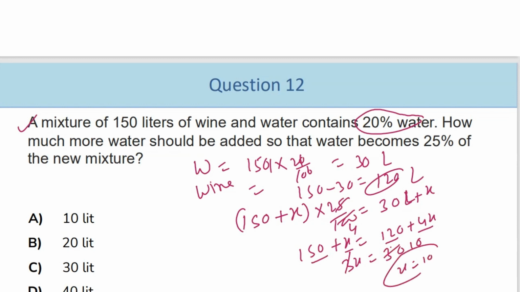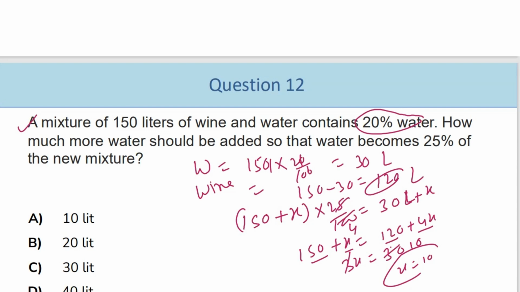This is the basic rule for solving any question of this type. Here, water given is 20%, so 20% of 150, everyone knows, is 30 liters. Now with 30 liters of water, the remaining 120 liters is wine. Now my question is how much more water should be added so that water becomes 25% of the new mixture?